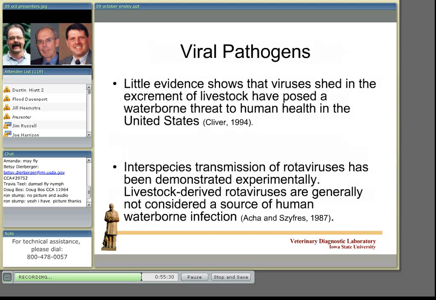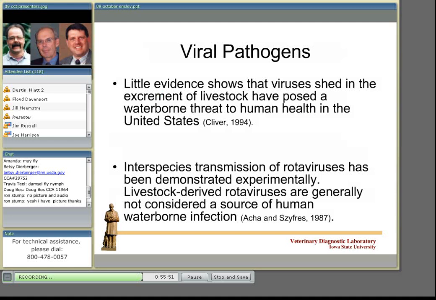So for viral pathogens, there's little evidence to show that they're shed from cattle or that they get into the water. For bovine rotavirus in particular, there has not been much evidence to show that it's a potential human pathogen.